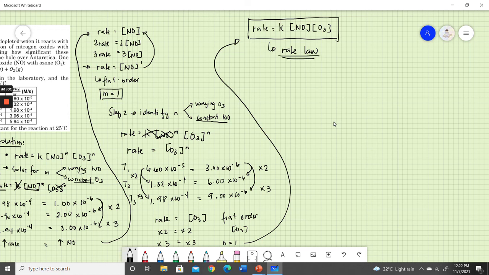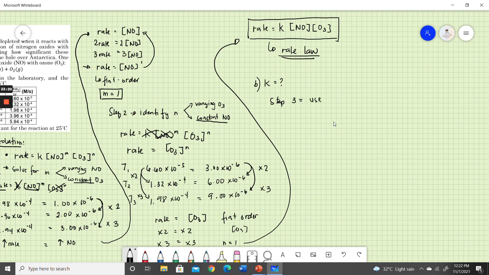So that's your answer. Okay? So now what you want to do is the second question. What is K? So how are you going to find K? This is step 3, identifying K.